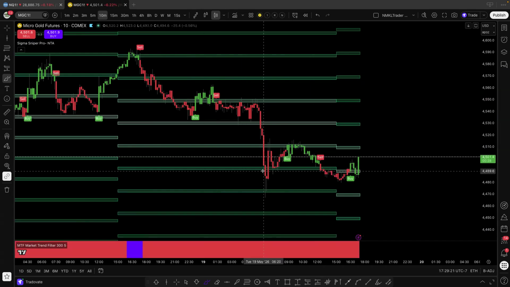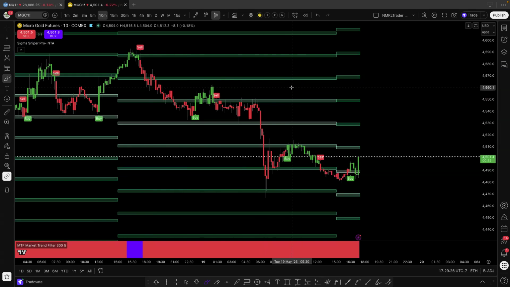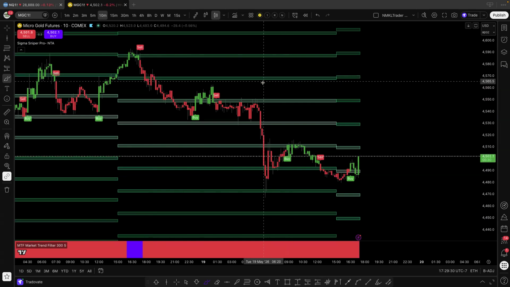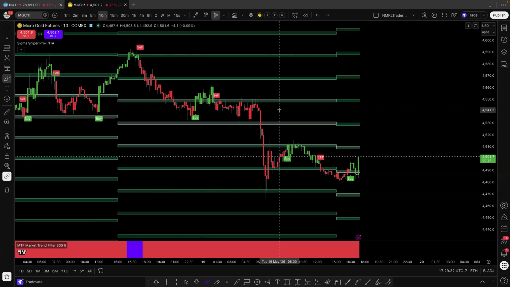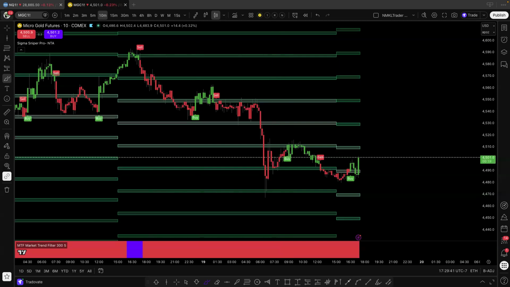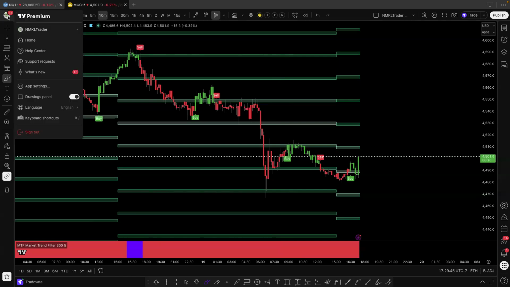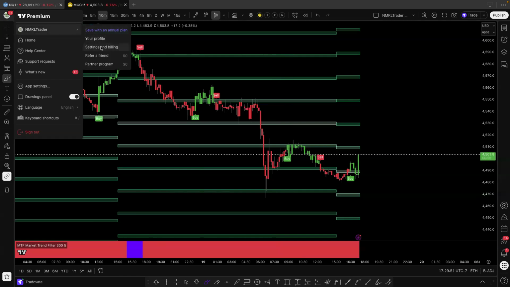Okay. So I said I was going to show you, I've got about 7 minutes here, how to set an alert. An alert simply allows a message to go to your phone or your email or wherever. Let me show you this real quick. If you want an alert to go to your phone, go up to the left where you see your icon and get into your profile and your settings.